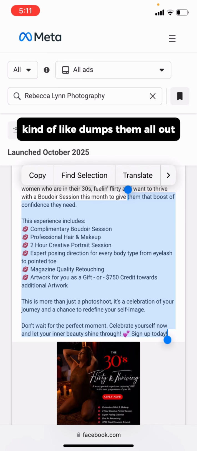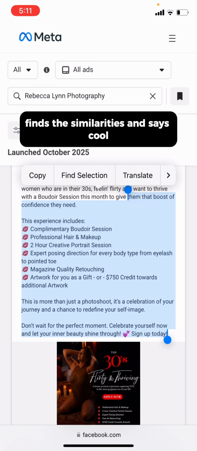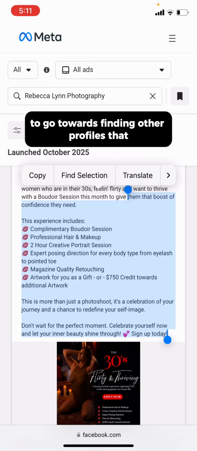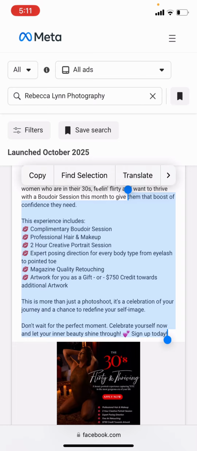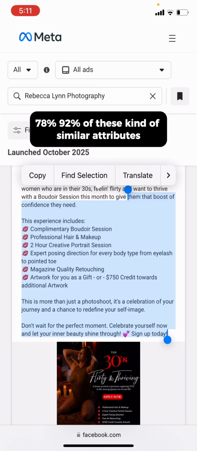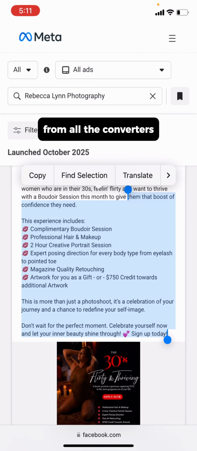Kind of like dumps them all out, finds the similarities and says, cool, we're going to bias the Meta ad algorithm towards finding other profiles that have 80% of these data points, 78%, 92% of these similar attributes from all the converters.